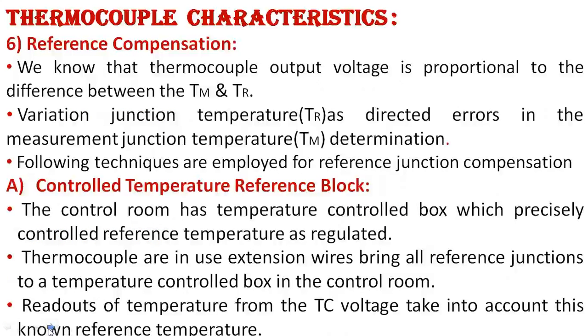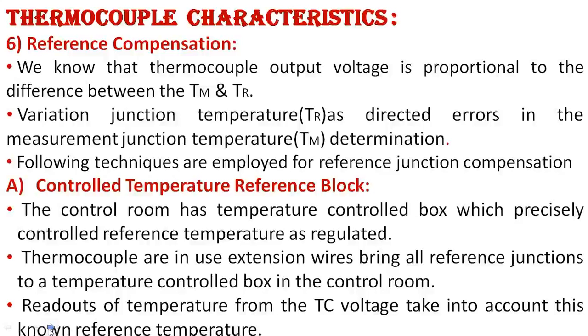Next characteristic, reference compensation. We know that the thermocouple output voltage is proportional to the difference between TM and TR. The variation of junction temperature TR causes errors in the determination of the measurement junction temperature TM. The following techniques are employed for reference junction compensation. First one is the controlled temperature reference block.